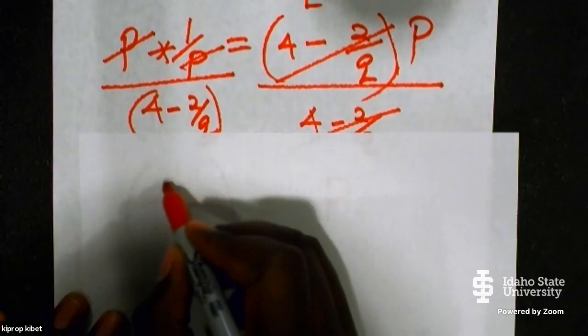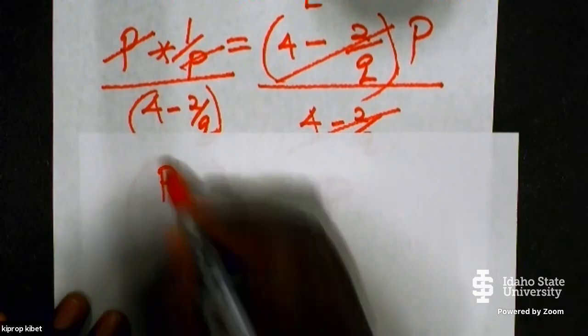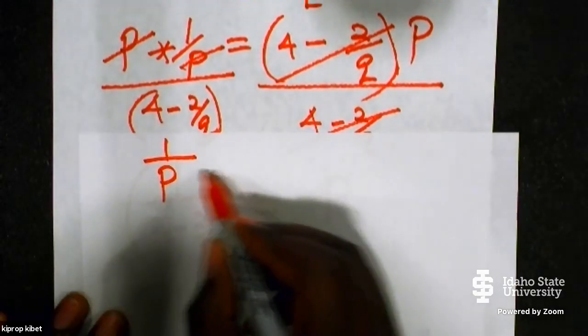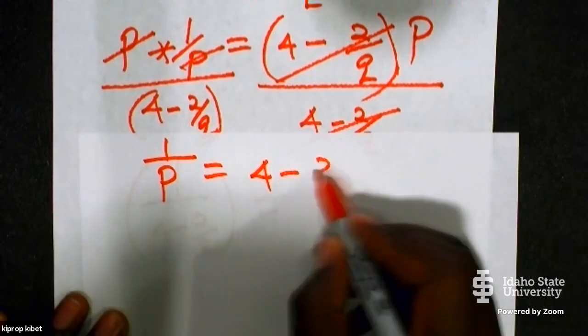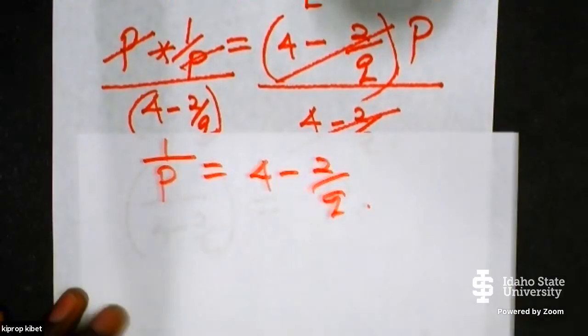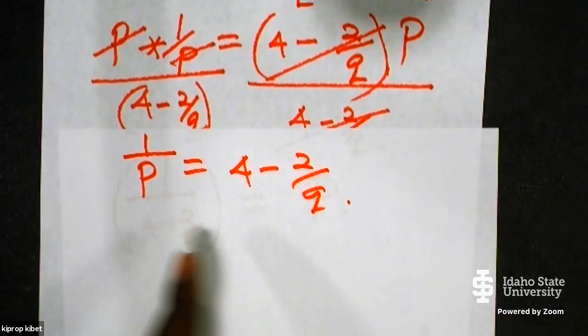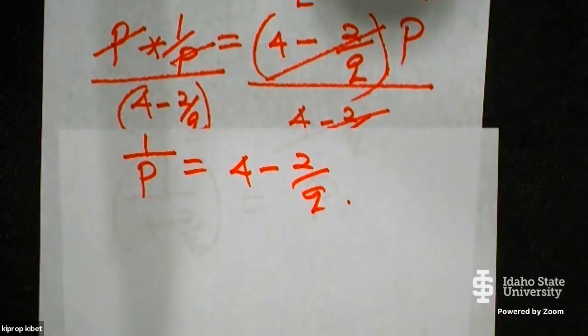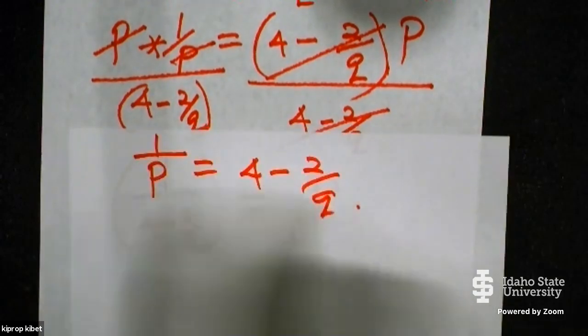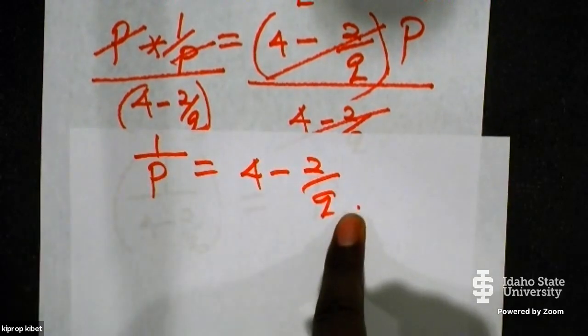So 1 over p equals 4 minus 2 all over q, right? We want to make p the subject. Basically, you can bring the denominator up here. What you do here, you do at the other side.